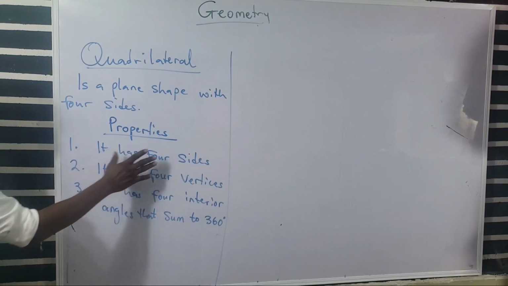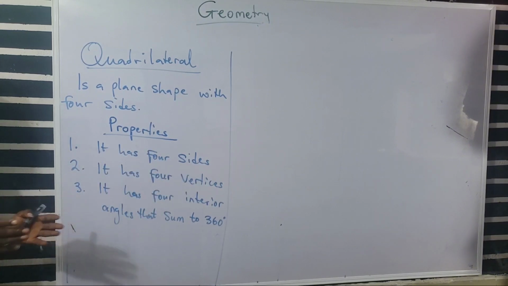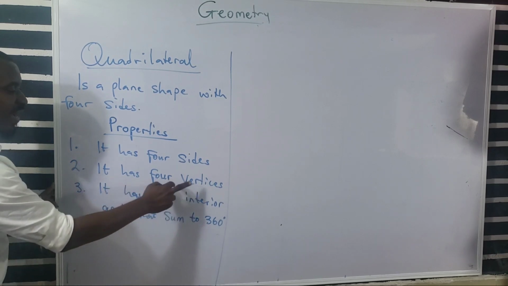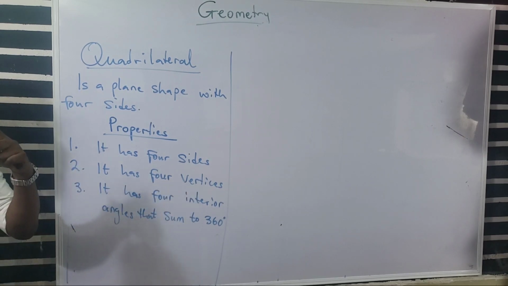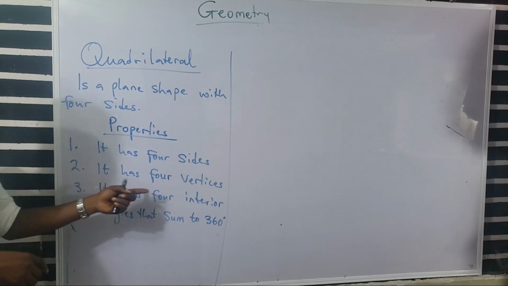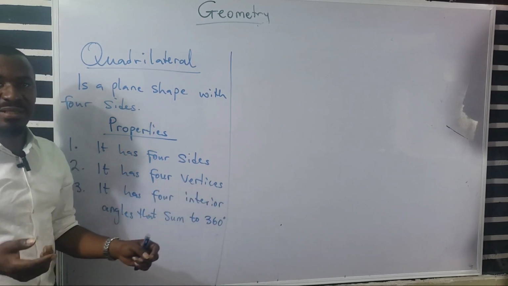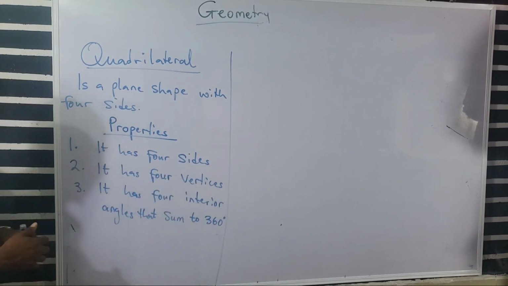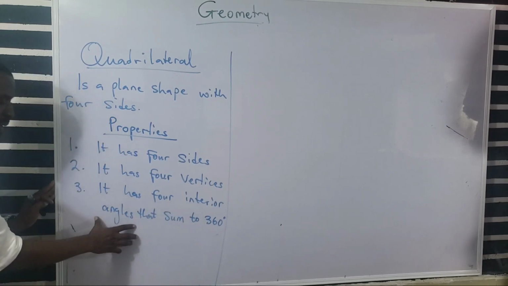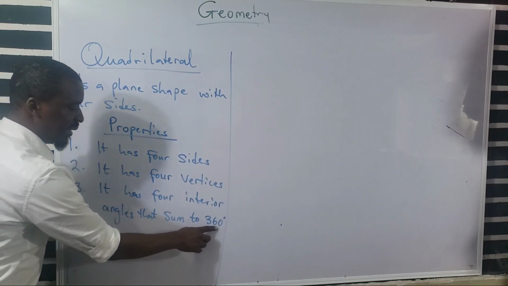A quadrilateral has four sides. Okay, so that means it will have four sides. A quadrilateral has four vertices. Vertices is any point where two or more lines meet. Okay, that's a vertex. The singular form of vertices is vertex, and the plural form is vertices. Okay, it has four interior angles that sum to 360.